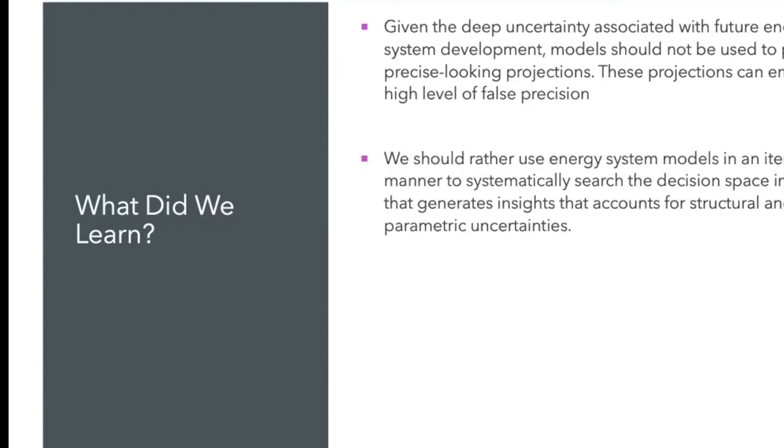So instead, we should use the models for systematically searching the decision space and generating insights about what structural uncertainty we have, what solutions address that particular uncertainty, and in general providing robust insights that do not change drastically with just a small change in one parameter.